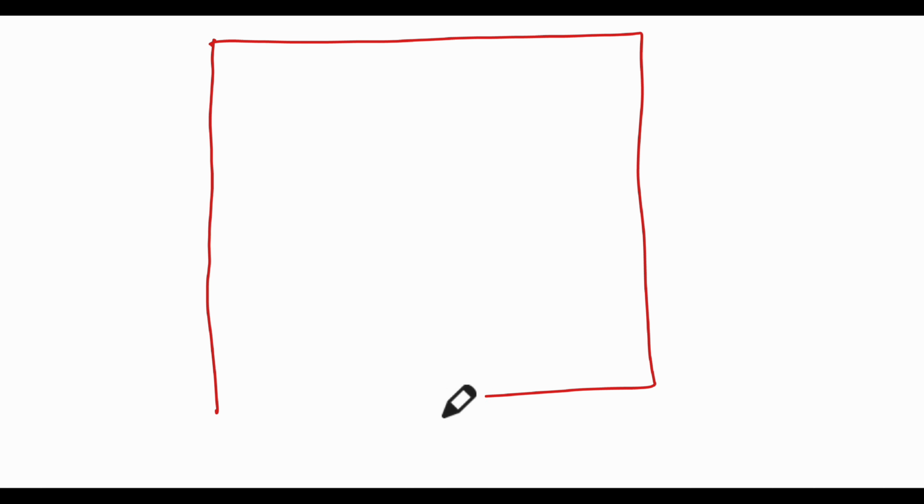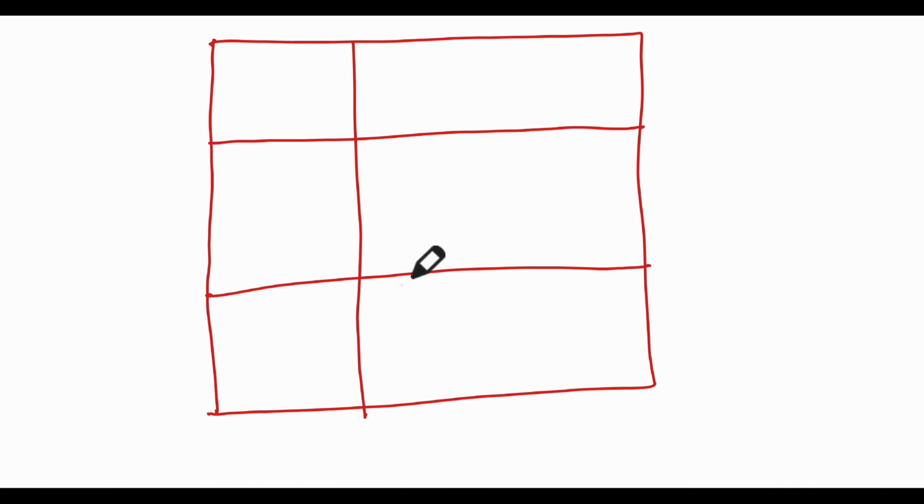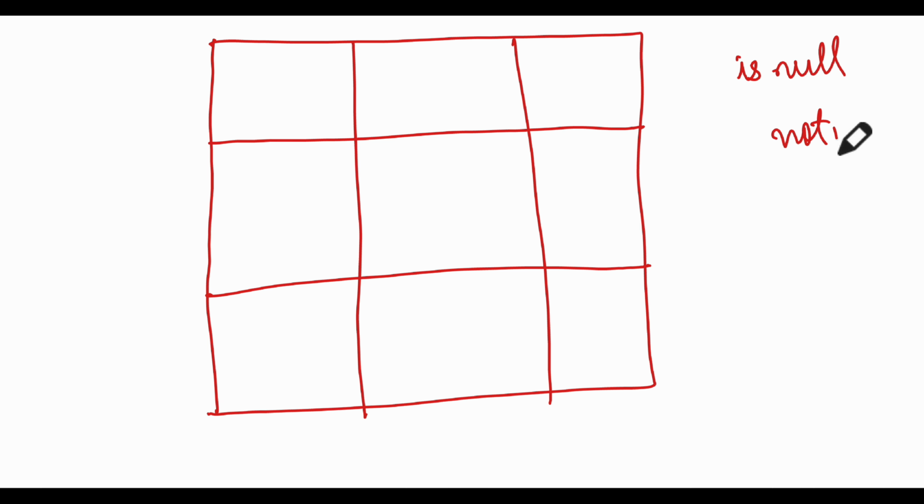This is my data, and suppose it has 3 rows and 3 columns. Now there is a method called isnull and notnull. Technically, they check each cell. What is isnull going to do?